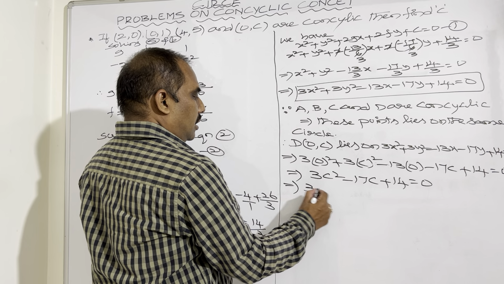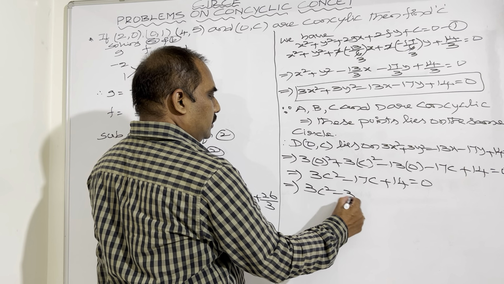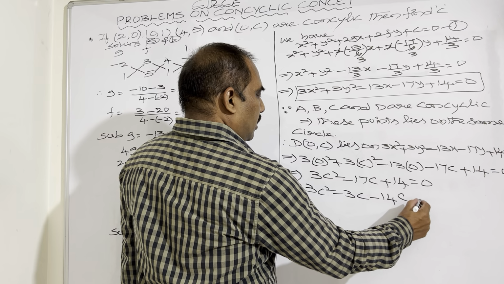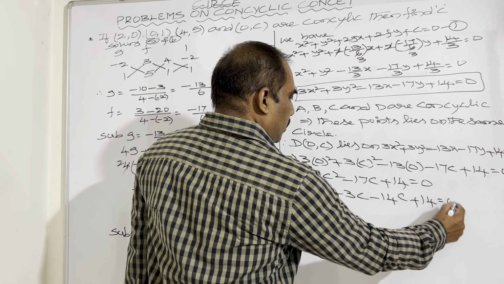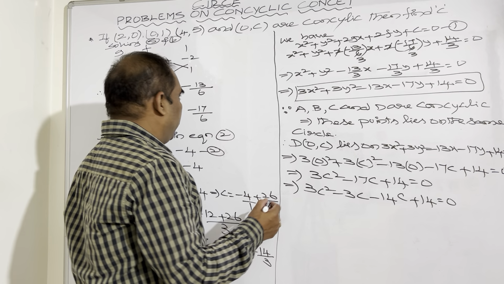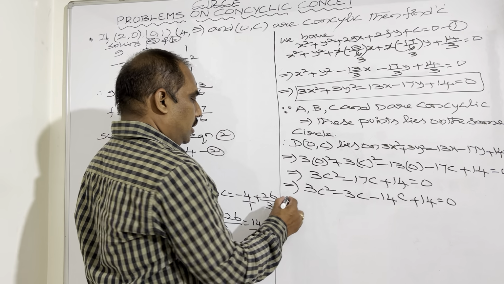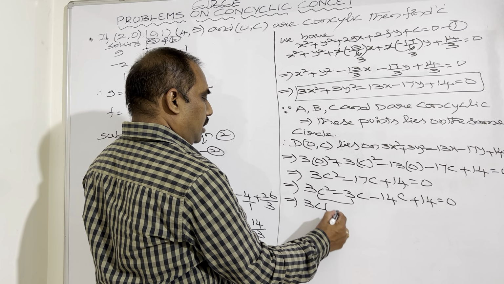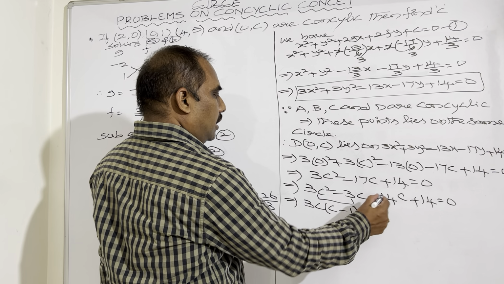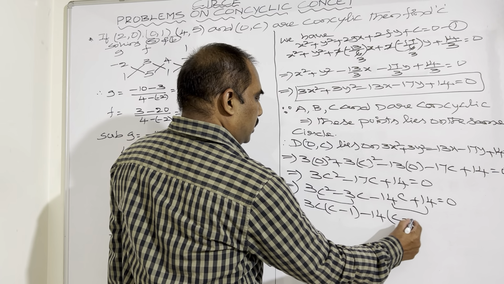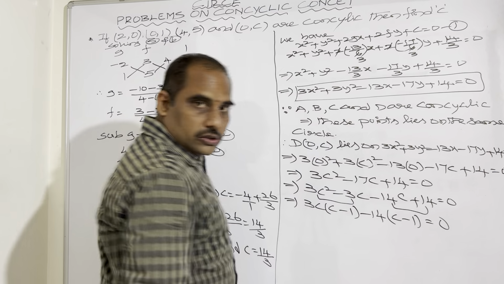Taking the minus sign for both, that means 3c square minus 3c minus 14c plus 14 is equal to 0, by using splitting the middle term. Factorizing the equation, from the first two terms taking 3c common, we get c minus 1, and from the last two terms taking minus 14 common, we get c minus 1 is equal to 0.